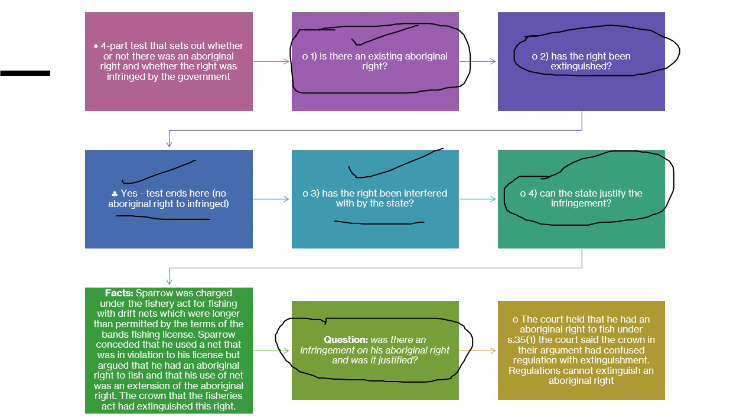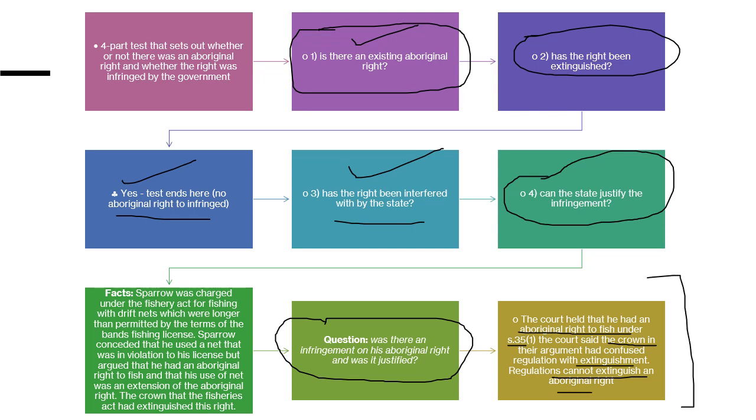The court held that he had an aboriginal right to fish under section 35(1), and that the Crown Counsel, representing the state, has confused regulation with extinguishment. Regulation cannot extinguish an aboriginal right.